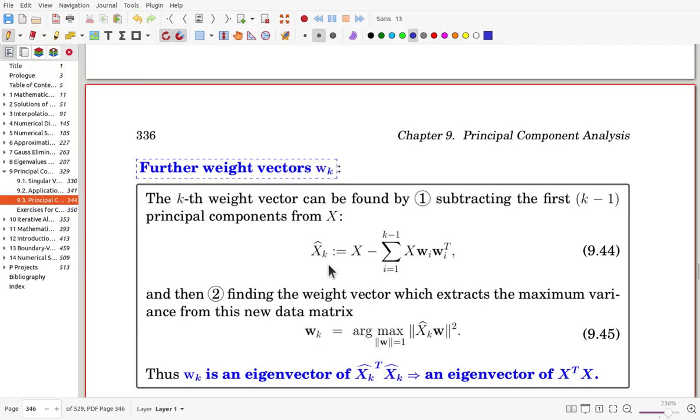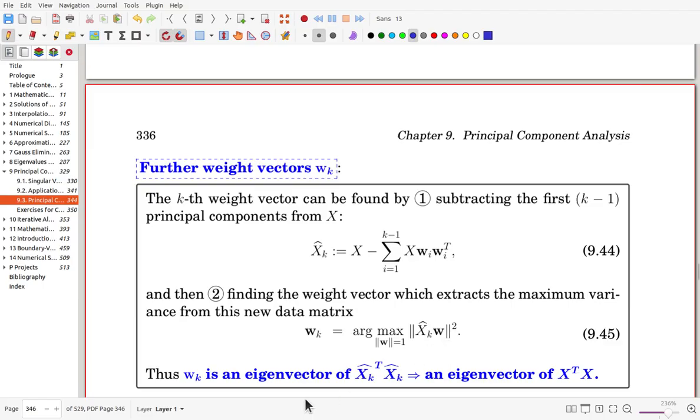For that xk hat, we'll try to find the weight vector which extracts the maximum variance, so that after multiplying by w, the norm is maximized. In this way, for the remainder part, we find the weight vector which maximizes the variance.